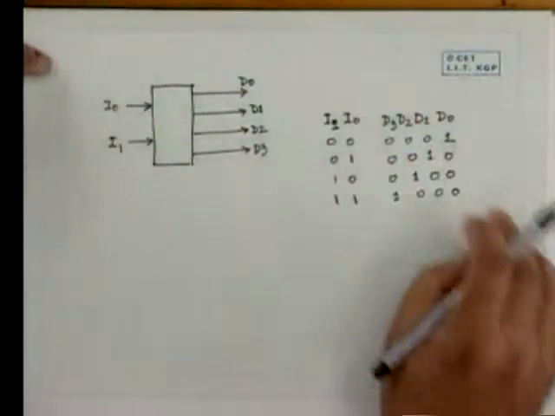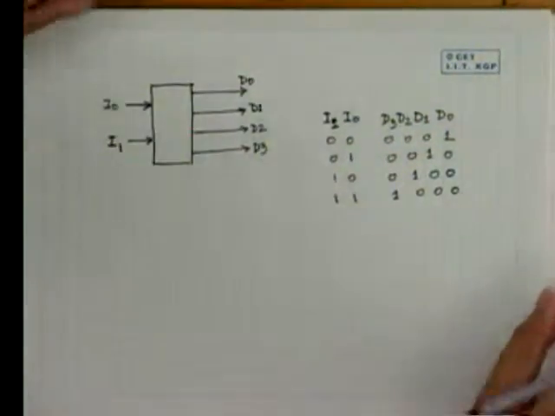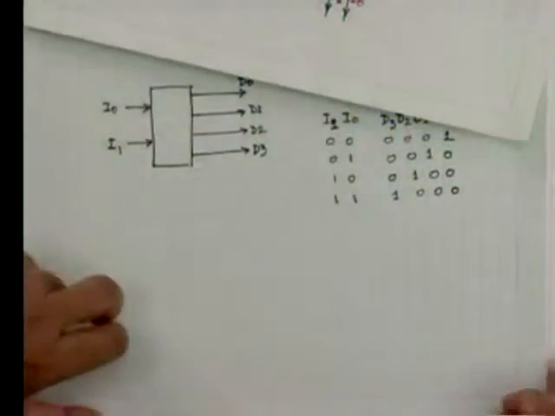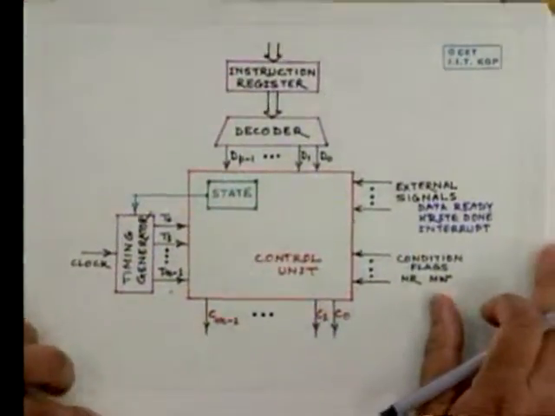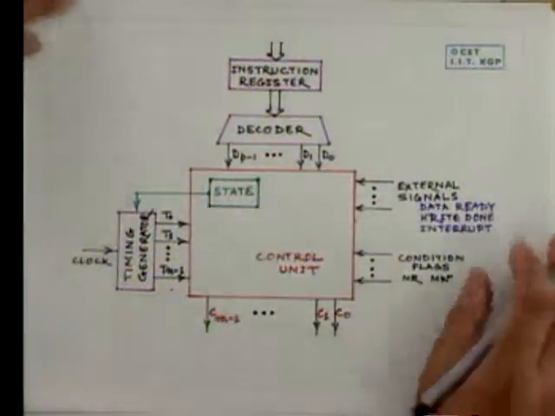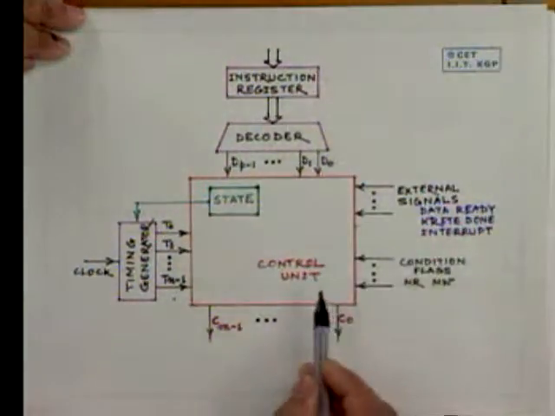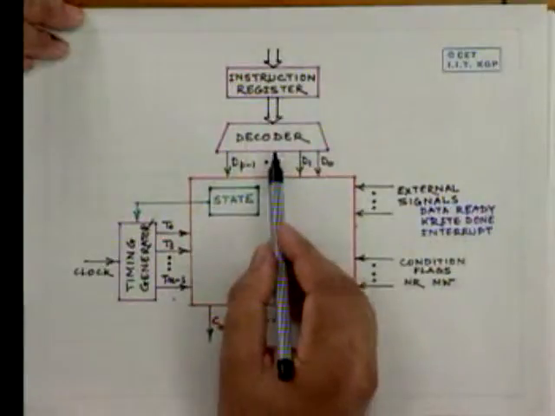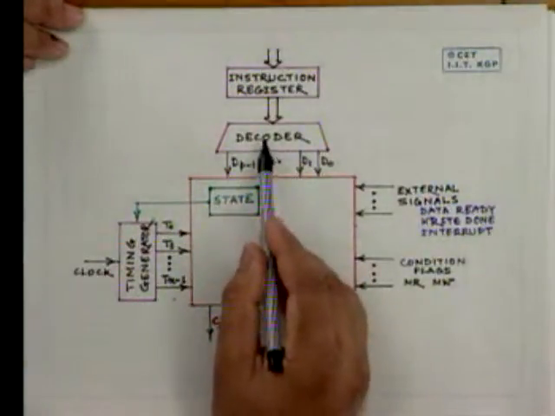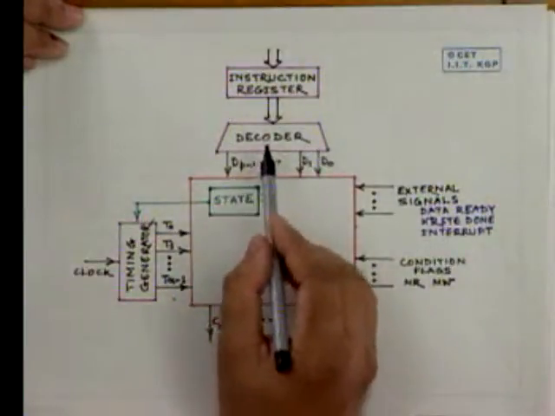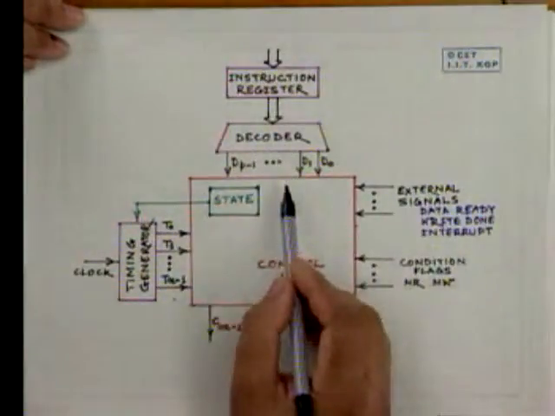Now, such a decoder is necessary here because the instruction that comes has to be decoded before it goes to the control unit, to see which instruction it is. As I said earlier, the instruction opcode can be of fixed length or variable length.